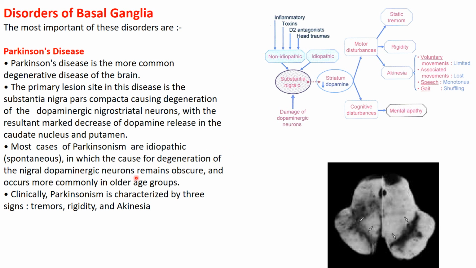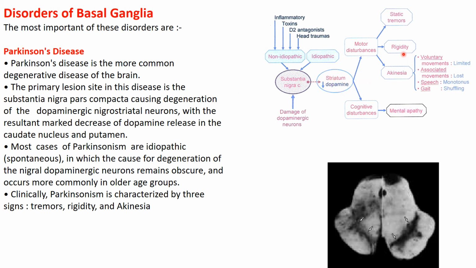Most of the cases of Parkinsonism are idiopathic, which is due to degeneration of the nigral dopaminergic neurons, while some causes may be related to atherosclerosis or exposure to certain toxins and the prolonged intake of tranquilizers. So usually we have either idiopathic or non-idiopathic, caused by repeated head trauma, dopaminergic D2 antagonists, toxins and inflammation, usually affecting the substantia nigra, leading to decrease in the dopamine secretion in the striatum.